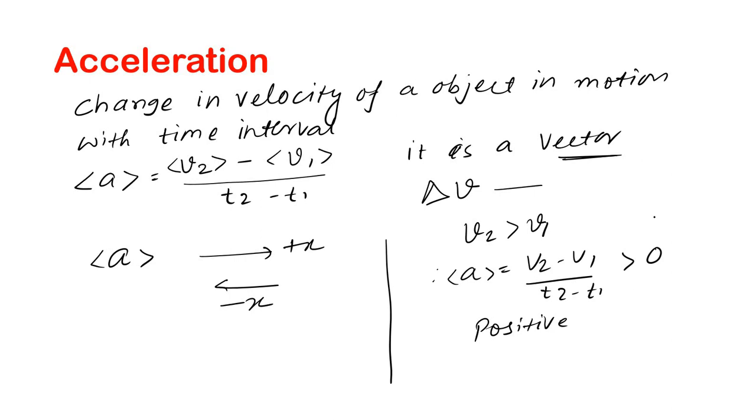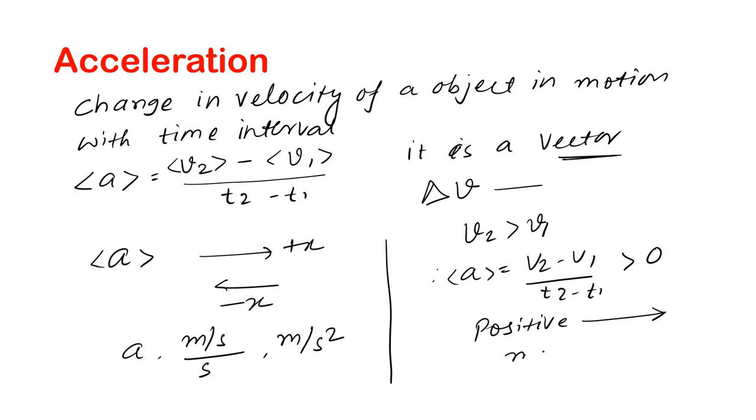What is the unit of acceleration? Acceleration is nothing but velocity divided by time, so it is meter per second divided by second. So its unit is meter per second square, right? Acceleration positive means acceleration is in the same direction as the motion.